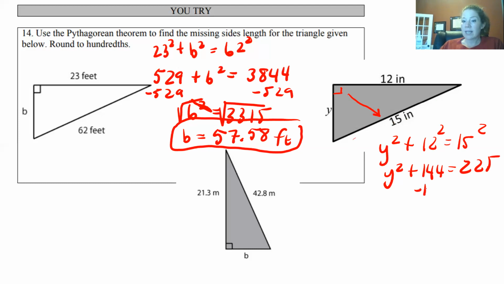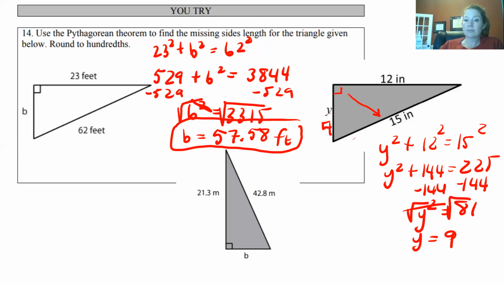Ooh, that was ugly. We're going to subtract 144 from 225 minus 144 is 81. And then to find y, we find the square root. So y is equal to 9. Okay.